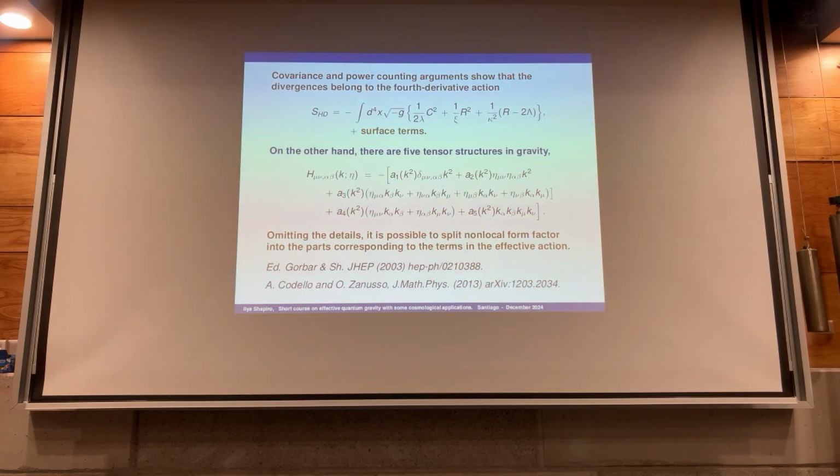So what we will discuss first is that we take a loop of matter fields with external lines h_{μν}, h_{αβ}. This was done by Gorbar and me, and then Codello and Percacci did an equivalent calculation. I think they used more heat kernel. And you get your functions A1, A2, A3, A4.